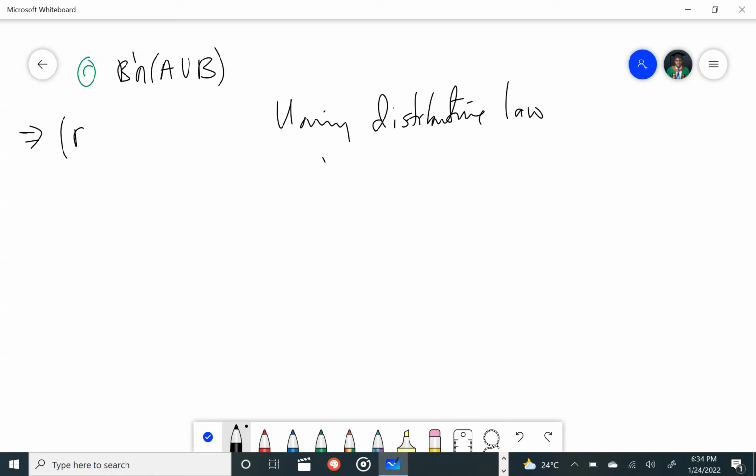It's going to be B complement intersection A union B complement intersection B. Then here, there's B complement intersection A, there's nothing we can do about it, but B complement intersection B.